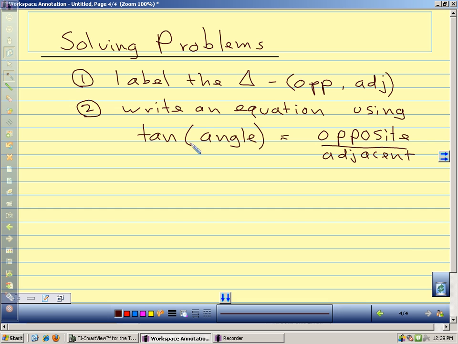So we're always going to have some angle that we're looking for, and we want to do the tangent of the angle equals the opposite over the adjacent.